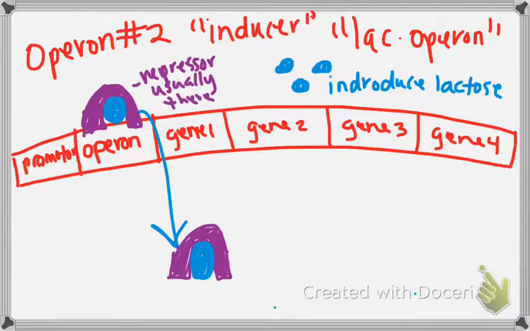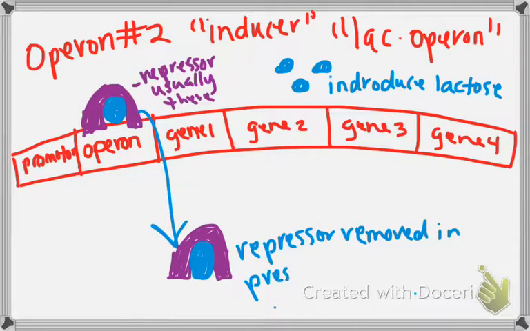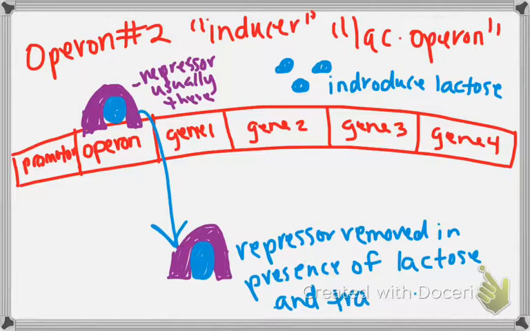It filled in that little horseshoe space, and then you can put repressor removed in presence of lactose, and transcription is turned on.